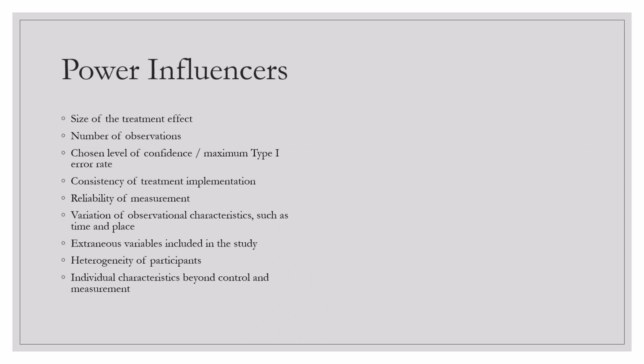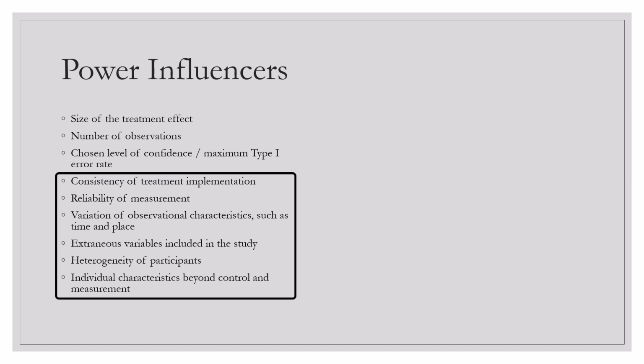Now, all of these other power influencers that I've listed here have to do with the variation of the response measure that we're using. Consistency of the treatment implementation. If it is inconsistent, we will have more variation of our response measure. If our measurement is not reliable, we will have high variation of our response measurement.